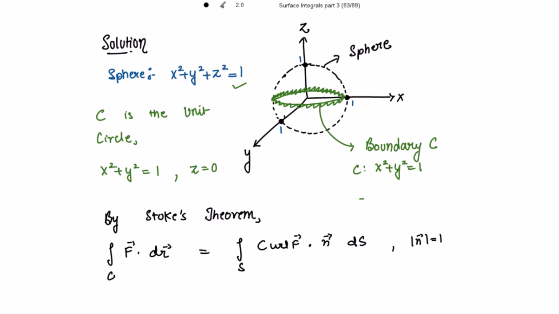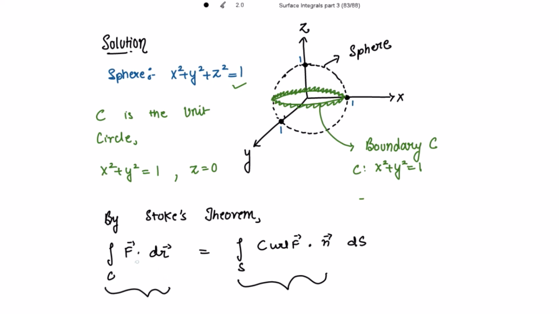What is n vector? It is the unit outward drawn normal to the surface S. Its mod is 1. So let's first evaluate the left hand side and get the answer, then evaluate the right hand side and get the answer, and then check whether these two answers match or not. If they are equal, then the Stokes theorem is verified.